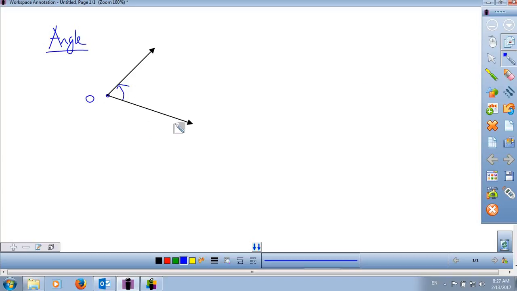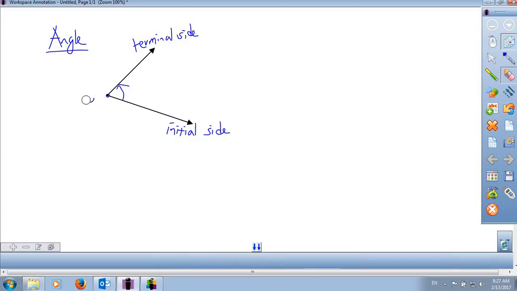The starting position is called the initial side, and the ending position is called the terminal side. When you rotate it about the same endpoint, you have created an angle. The origin, point O, we call the vertex of the angle. So we're covering a few vocabulary words here.